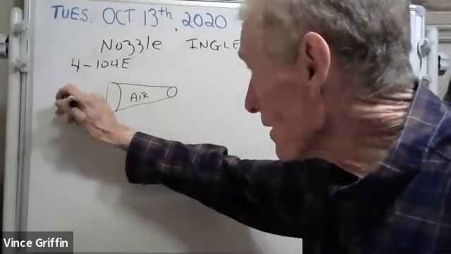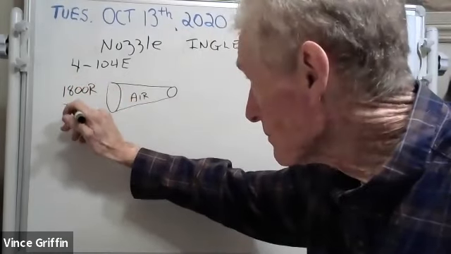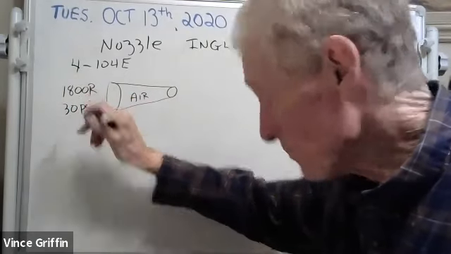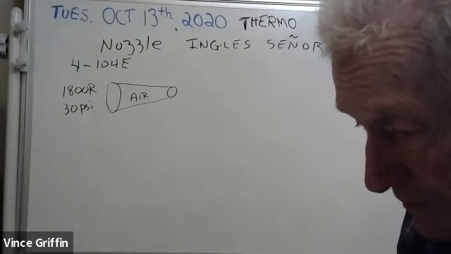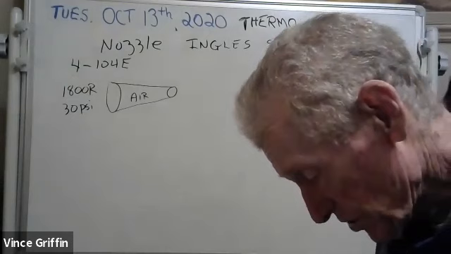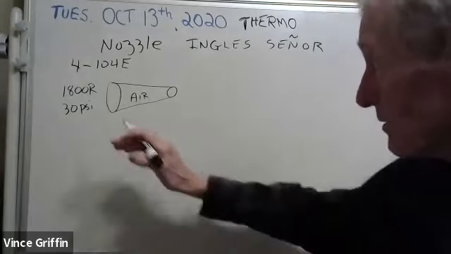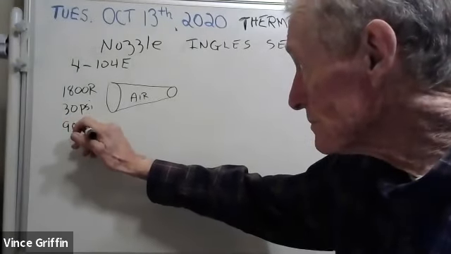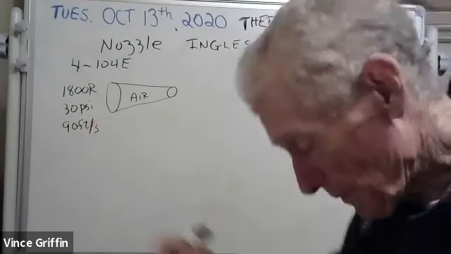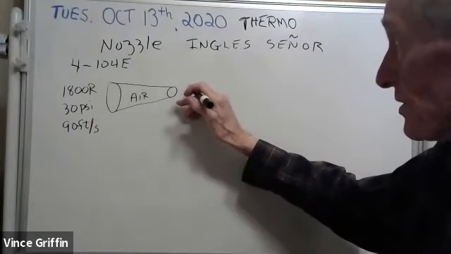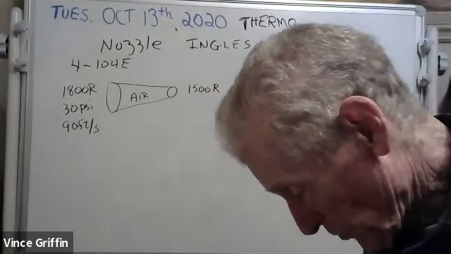You've got 1800 Rankine coming in, 30 PSIA, and 90 feet per second coming in. Then it exits at 1500 Rankine, 13 PSI. They always cool off.